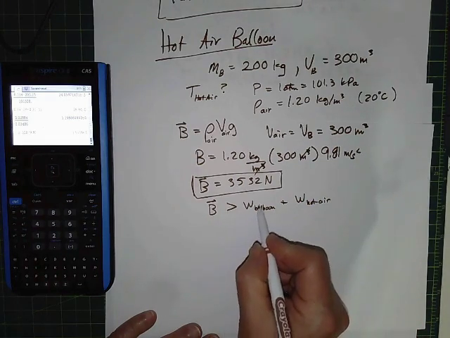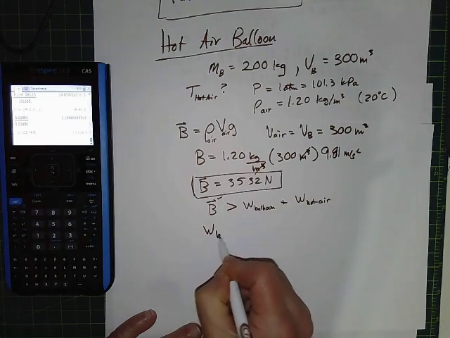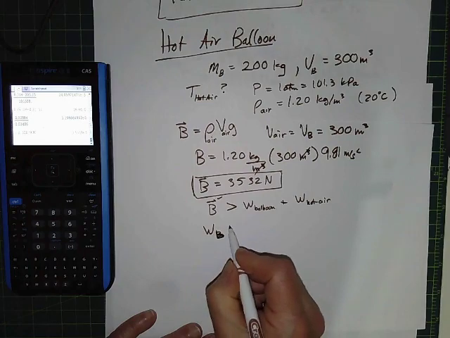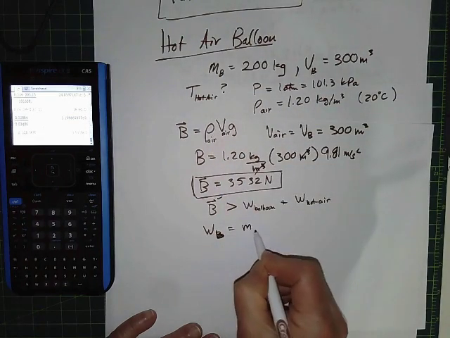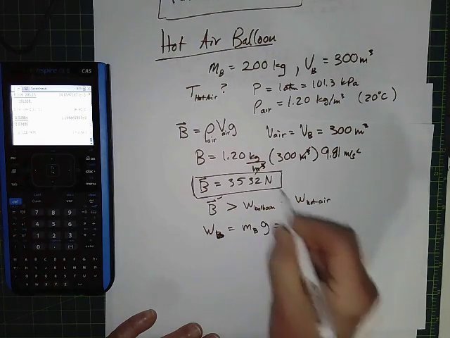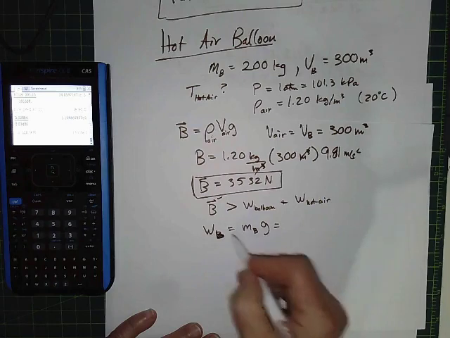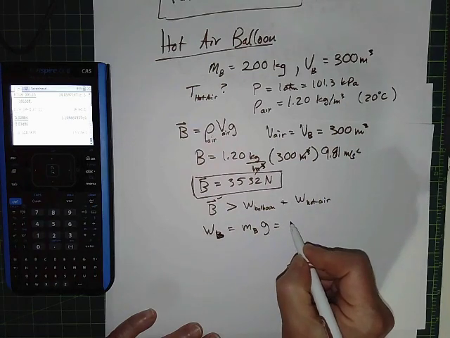And okay, so we've got buoyant force and the weight of the balloon. I think I call it VB and MB. So the weight of the balloon is just going to be the mass of the balloon times gravity. And we had the mass, this is the balloon, the contents, all of the stuff before the balloon is blown up, right? So just the load.